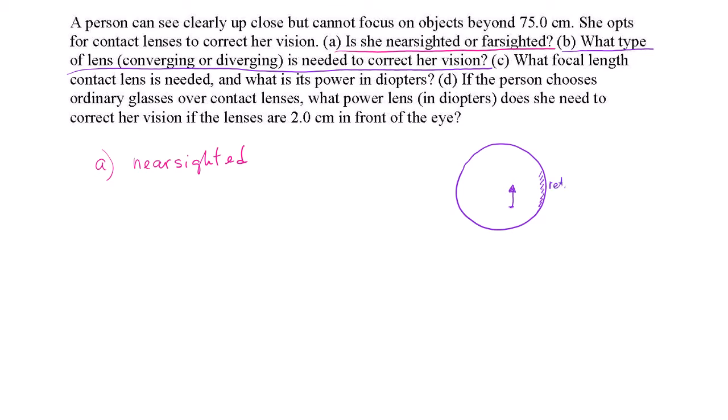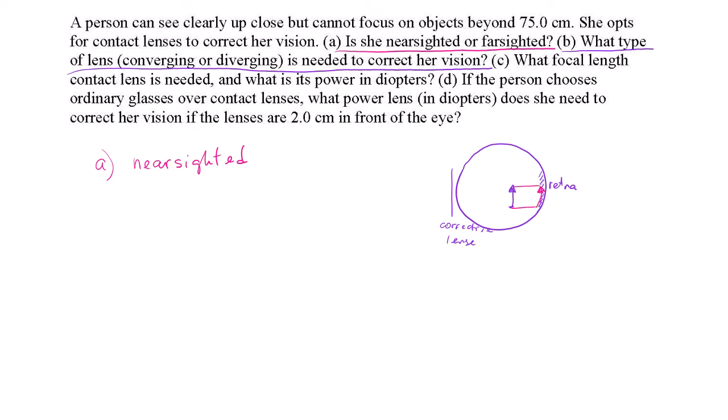So, retina here. What you want is a corrective lens that will bring this image back to the retina and form it here.